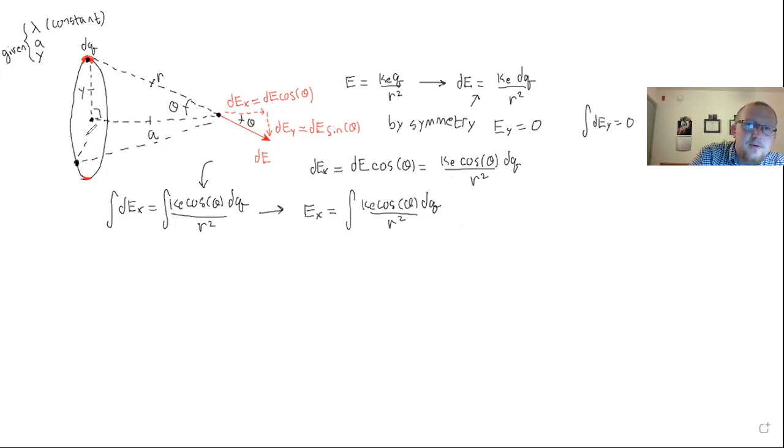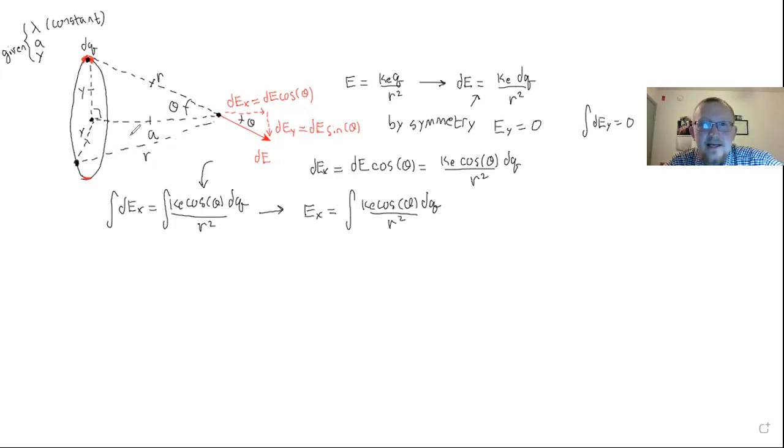And we see that, of course, the radius of the circle is still y, and the distance from the center of the circle to our point of interest is still a. And therefore, yes, the radius for all such dq's about this circle of charge is going to be equivalent. So in other words, the radius does not vary based on where our charge is at. So for that reason, it's a constant in this case.